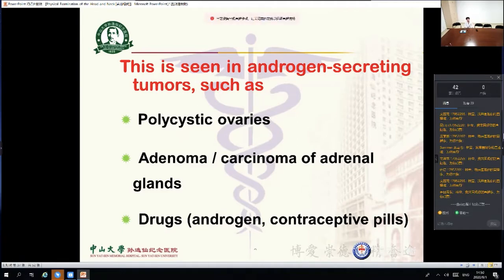And this will show excessive hair growing, and also will hurt their body severely to some extent. So this is not a good thing. And sometimes they want to break the world record for a game, and then they will take drugs. And this will give you the clues to see the androgen excessive situation.